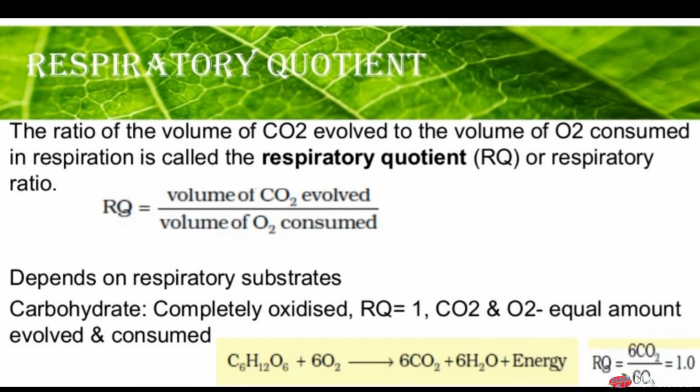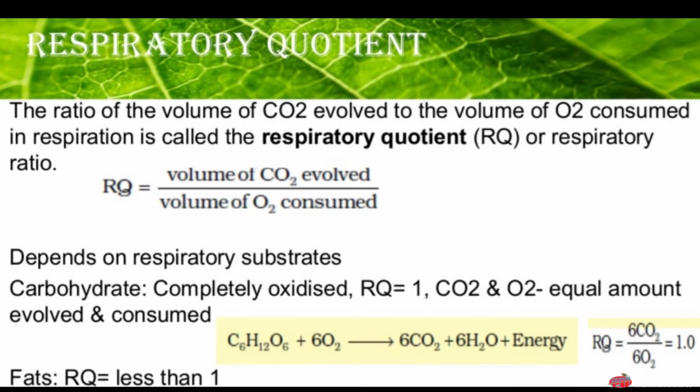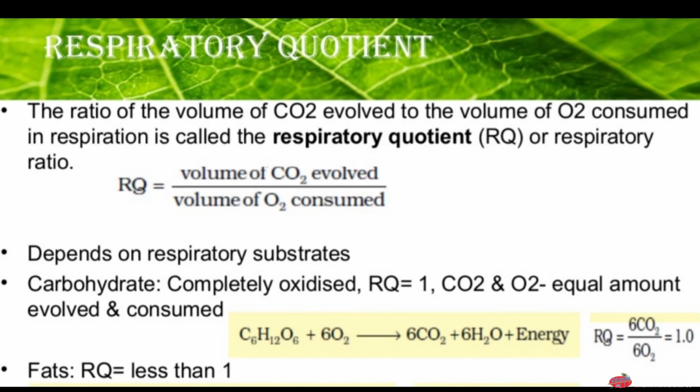Now the last topic of our unit is the respiratory quotient. The ratio of the volume of CO2 evolved to the volume of O2 consumed in respiration is called the respiratory quotient or respiratory ratio.